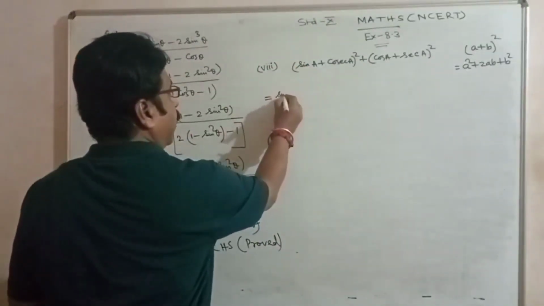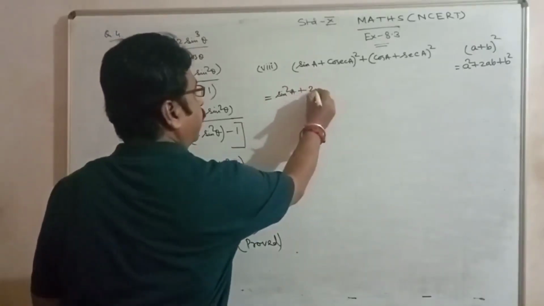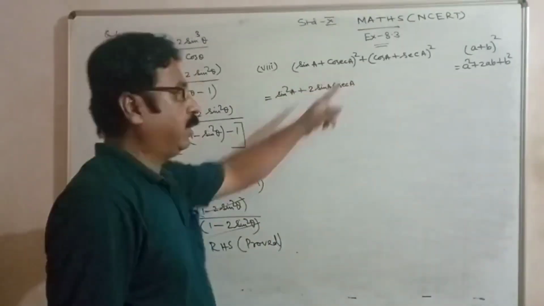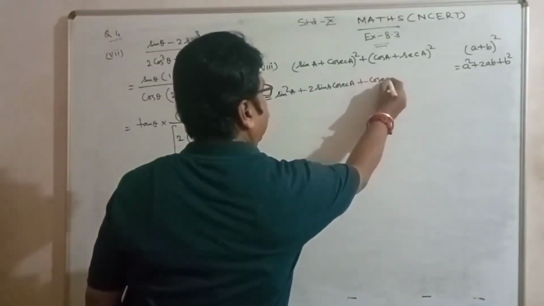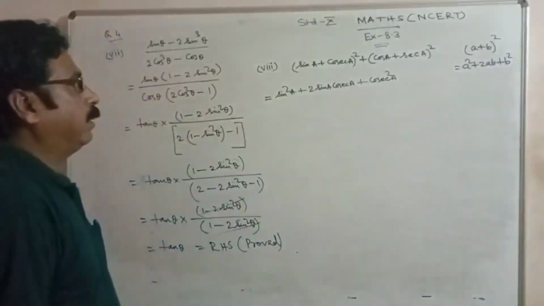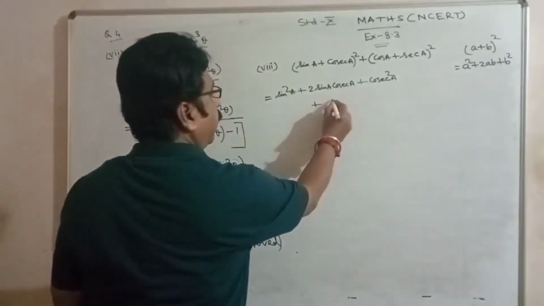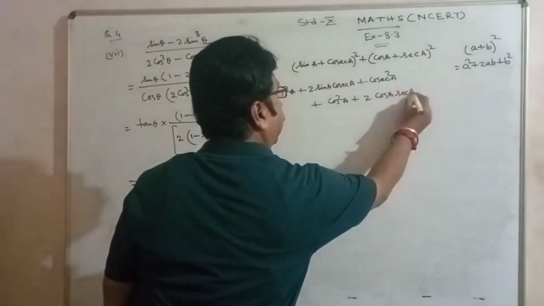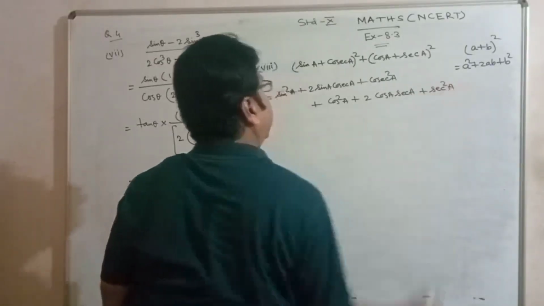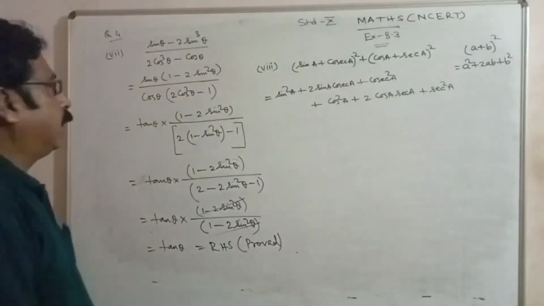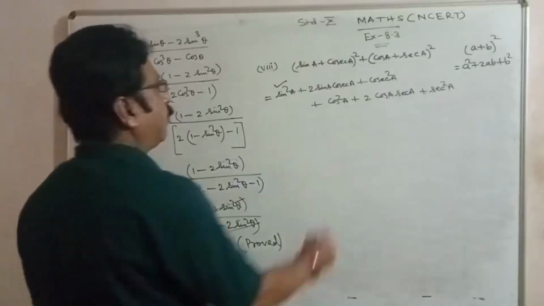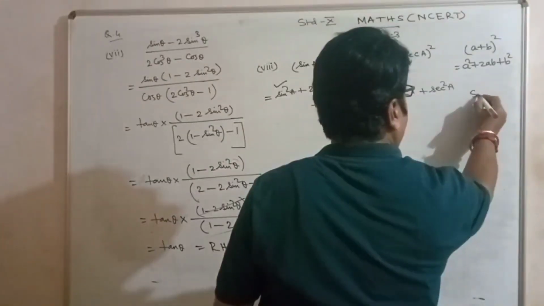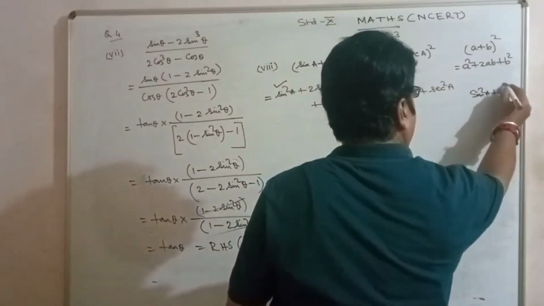A is sin A, so sin square A plus 2 sin A cosec A, 2 into A into B, plus cosec square A. Expand this, it will be cos square A plus 2 into cos A into sec A plus sec square A. Sin square A plus cos square A, it will be 1.